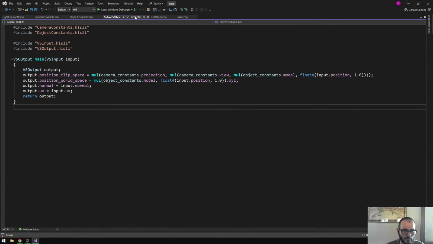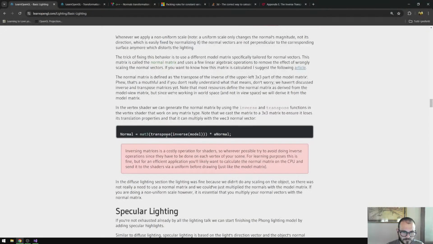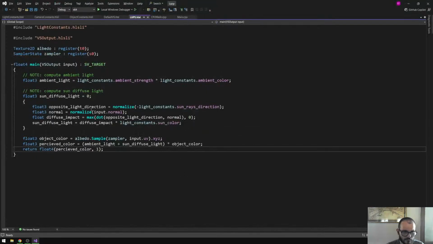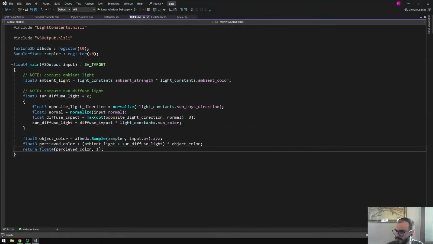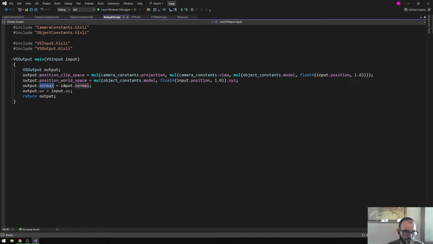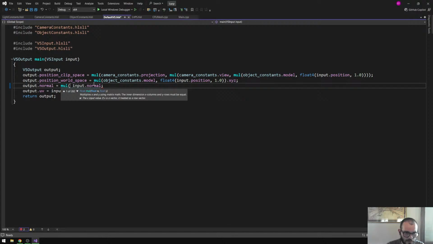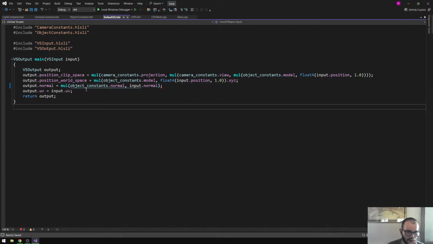When we are doing the lighting, in the vertex shader, when we are doing the normal, we need to multiply it by the normal matrix.